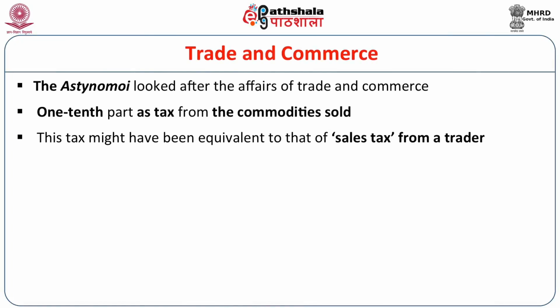This tax might have been equivalent to the sales tax from a trader, as we give today also. Sales tax on every commodity is charged as the government share. In the past also, particularly during the Mauryan period, this type of sales tax was there.